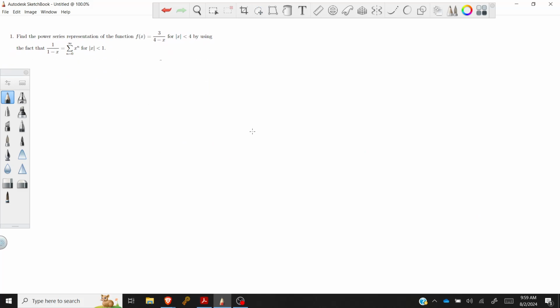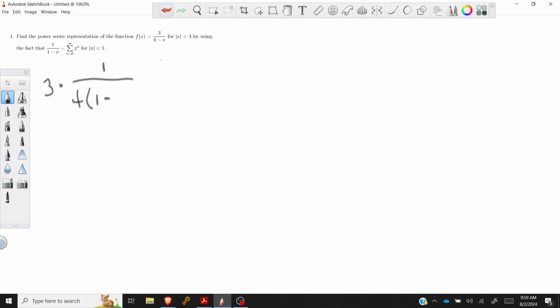So we're trying to find the Taylor series of 3 over 4 minus x. So we want it to look like this form. Right, this is our 1 over 1 minus r. So we want to make the denominator look like that. So I'm going to pull the numerator out. So it's going to be 3 times 1 over, I'm going to pull a 4 out.